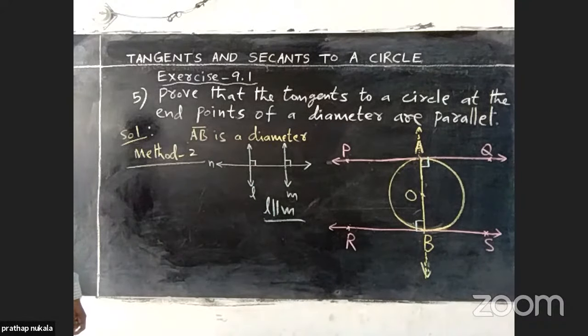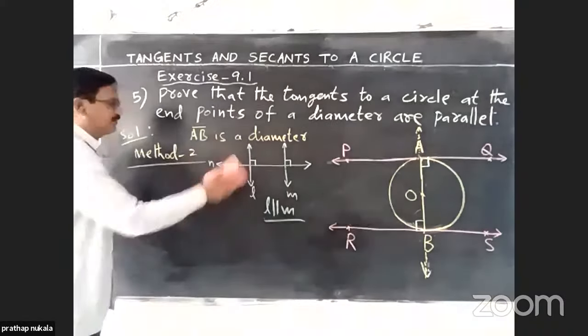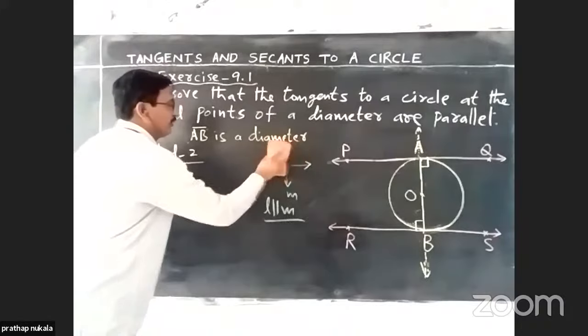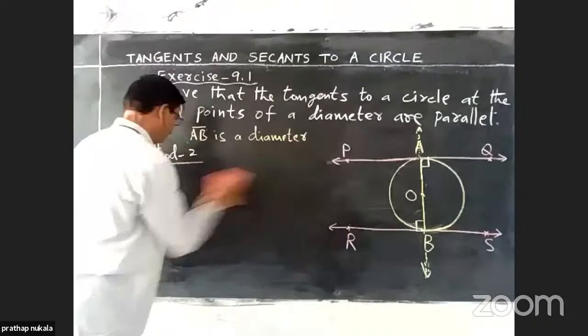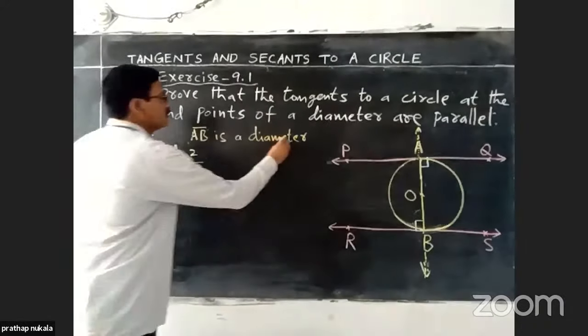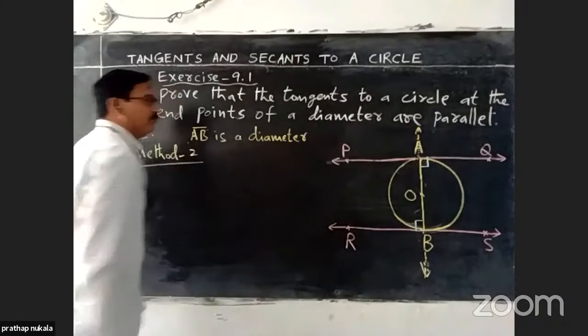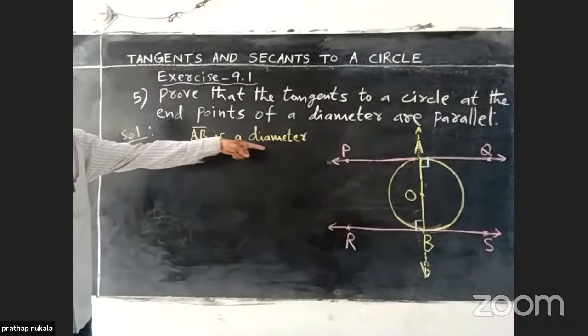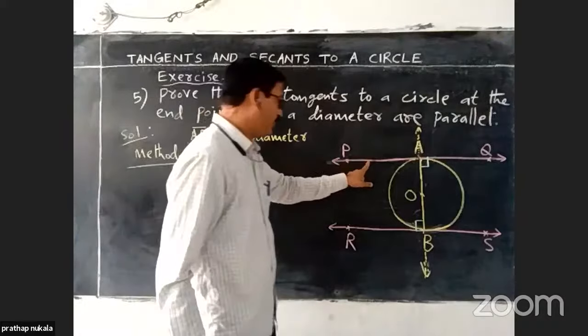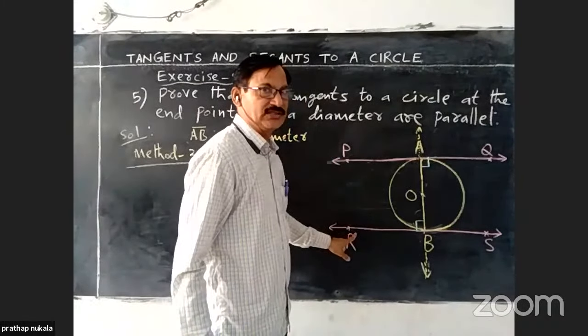Just note down. Due to space, I am rubbing this. Now, already here PQ and RS are two lines.